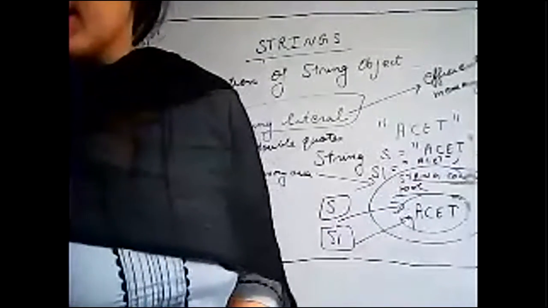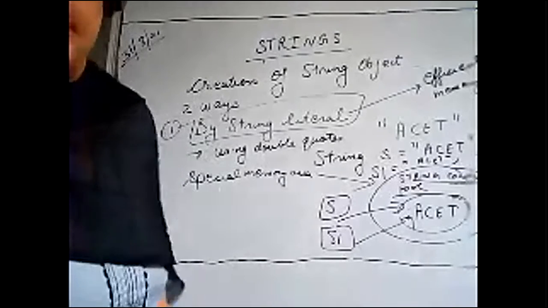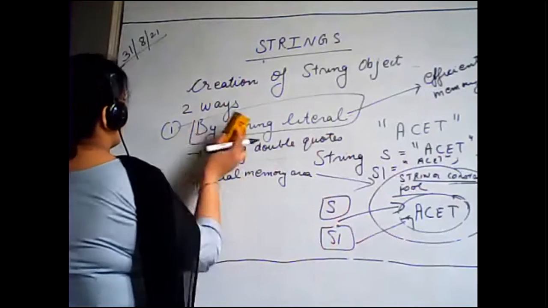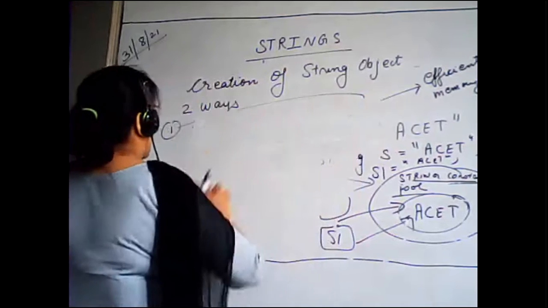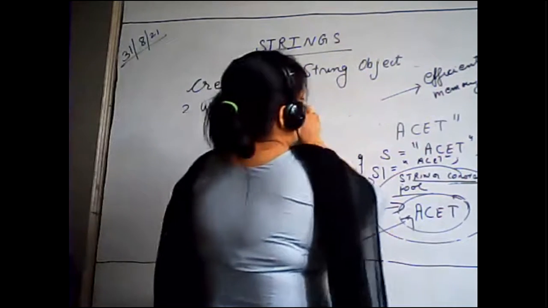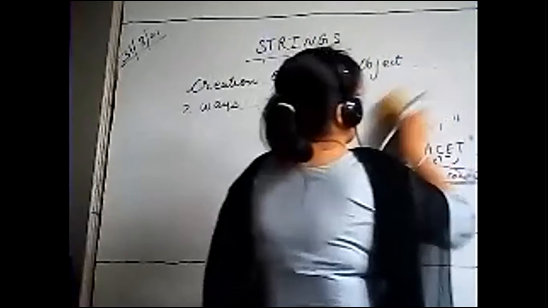Now we will discuss another topic, another method of creating a string object. The second method is by using the new keyword.